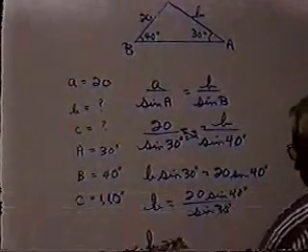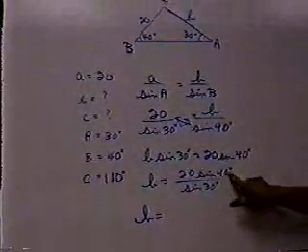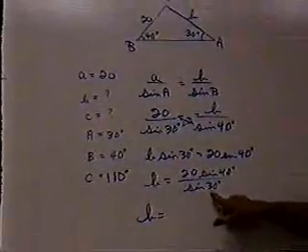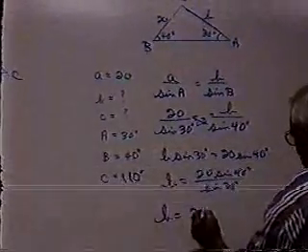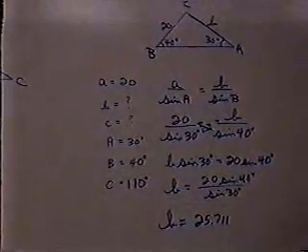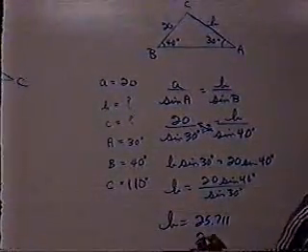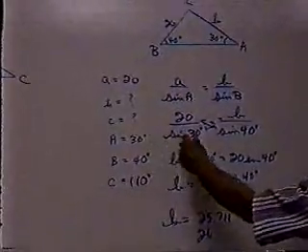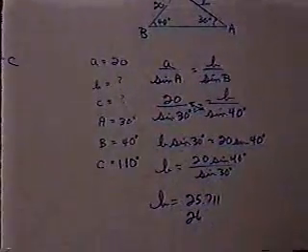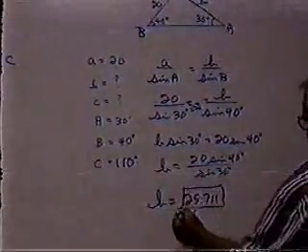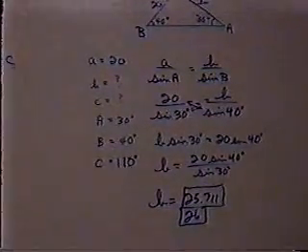And so now you take your calculator and you punch 20 sine 40, division, sine 30, enter, and you get b to be 25.711 or whatever. Now, textbooks will probably say this answer is 26 because over here your numbers are no decimals. Your side here is whole numbers, so you can say then b is 26. It's whatever the teacher wants you to do. With calculators, you get the answer correct to however many decimals you want.